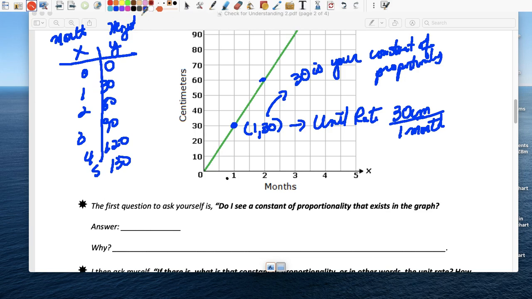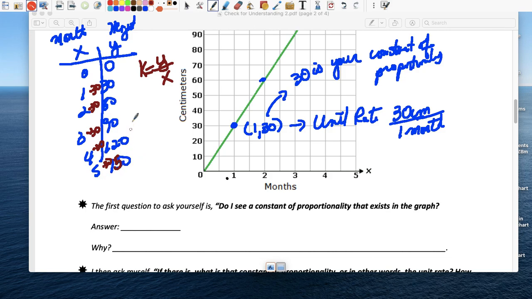Notice that each of these is times 30, times 30, times 30. The ratio k, y over x, if you take any of these points, doesn't matter which one, you divide the output over the input, the y value over the x value. So let's try 150 over 5.